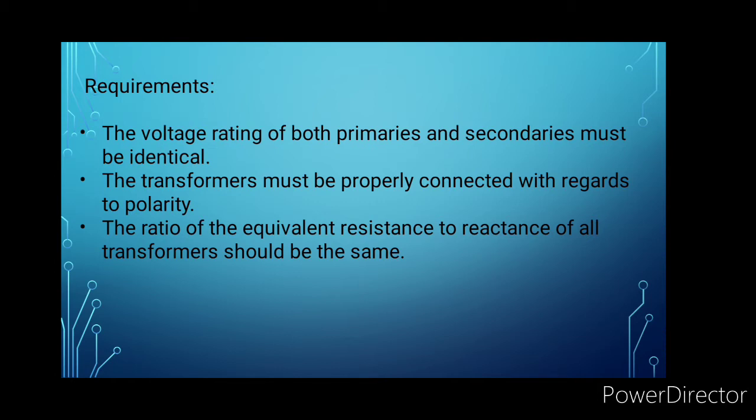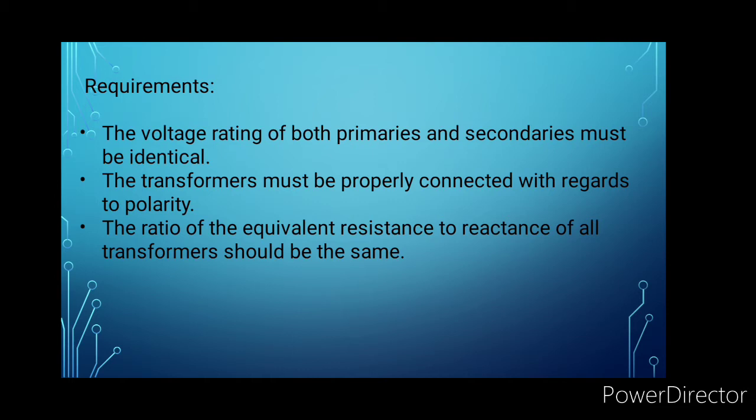It means that the voltage rating of the primary and secondary transformer must be the same. Why? Because if there's a small difference in primary and secondary voltage rating, it may cause a high circulating current, and the high circulating current may also cause unnecessary extra I squared R loss or extra power loss.